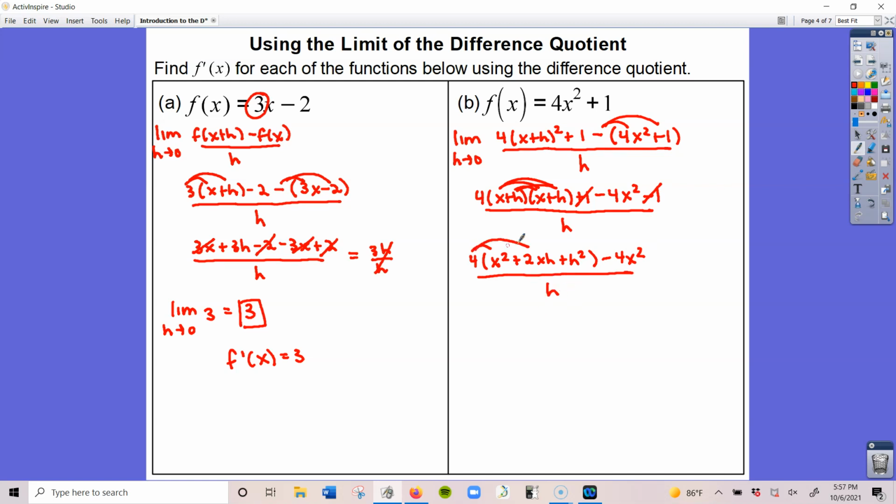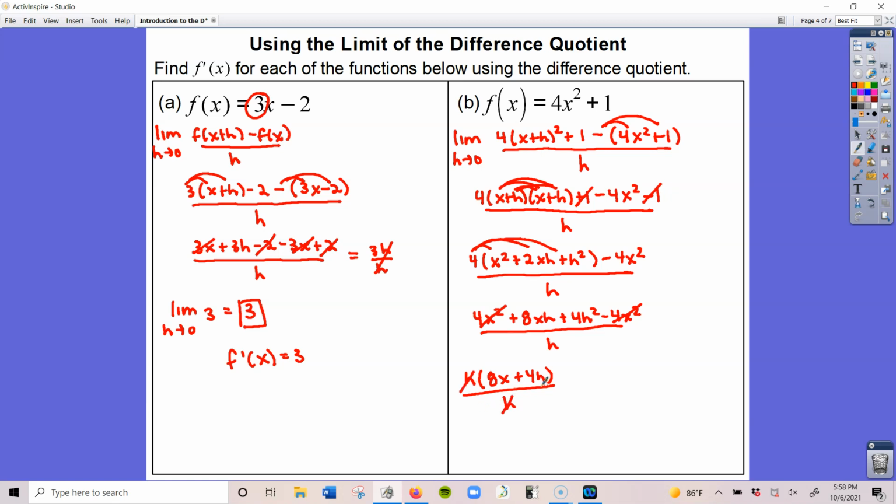Now we distribute the 4. So 4x squared plus 8xh plus 4h squared minus 4x squared, all over h. Combine like terms: I have a 4x squared and a negative 4x squared. Now all that's left in the numerator is 8xh plus 4h squared. I can factor out an h to cancel out the h in the denominator, and that would give me 8x plus 4h, all over h.